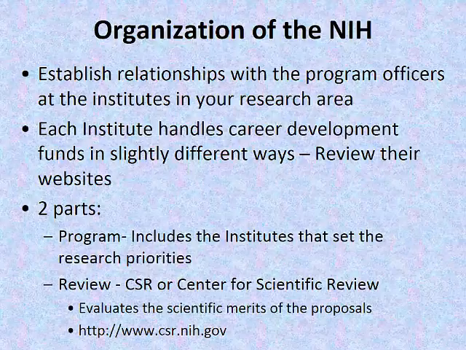Sometimes you might do that call with your primary mentor too, so the two of you are talking to the project officer together, and you will get really valuable recommendations. You might get a recommendation to shift the science a tiny bit, left or right, or you might hear that you're at the wrong institute for what you want to do, and there's no better time to find that out than when you're first starting to draft your proposal, okay?